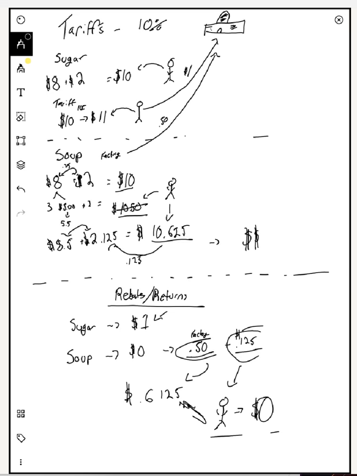And most likely what will happen is, if the tariffs, let's just say, disappear, so that 10% disappears, the company most likely will then go back to $8 plus, because they were allowed to.